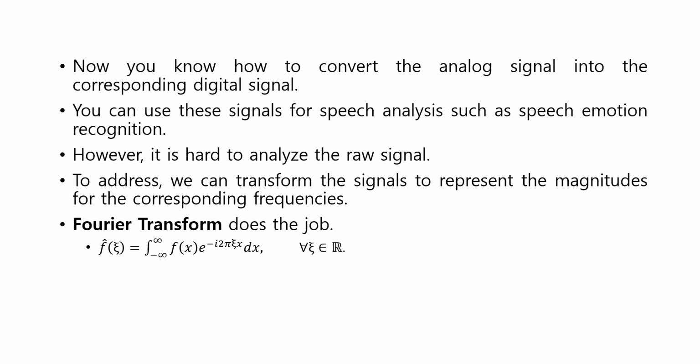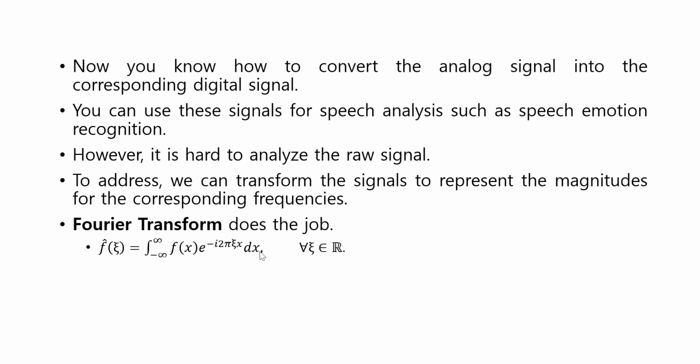Briefly explaining the parameters of the formula, it receives the frequency, and what it is trying to find out is the magnitude of the frequency during the time range, and f of x returns the amplitude at the given time, and e is Euler's number to the minus i, the imaginary number, times 2 times pi times the frequency, and this is the value of time.